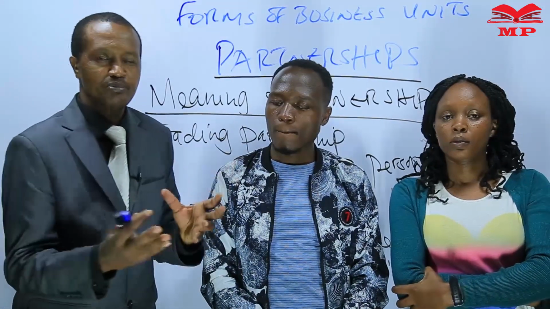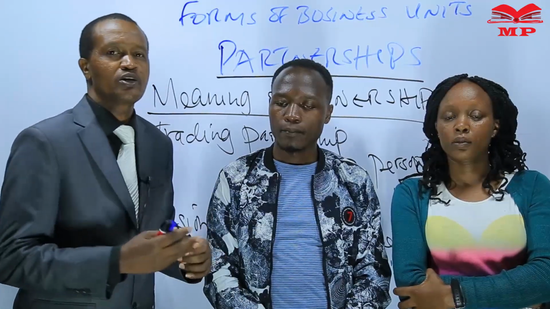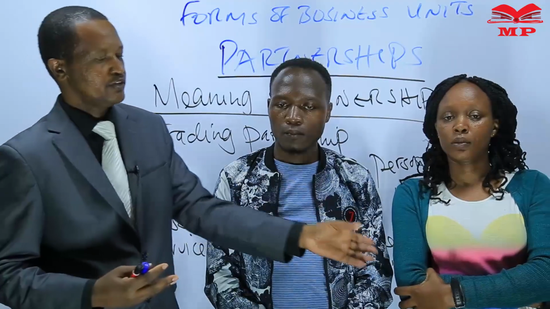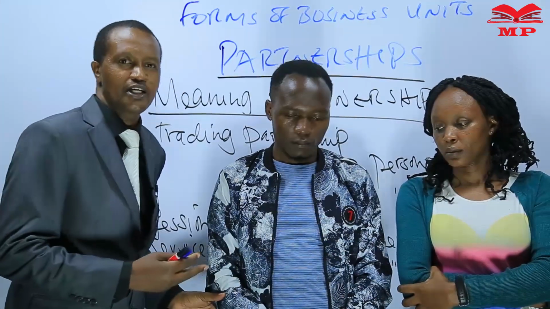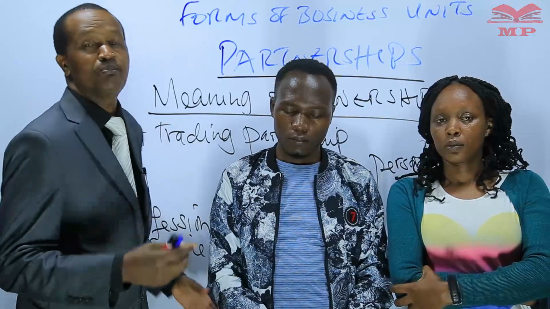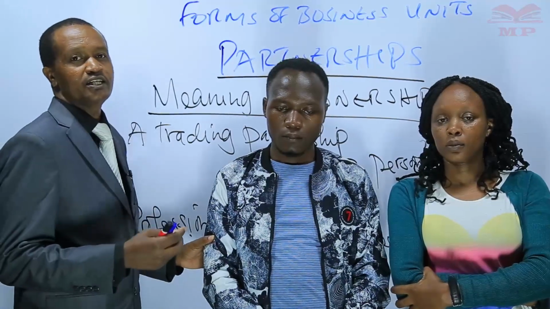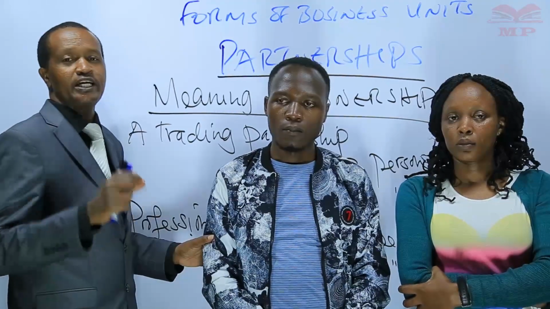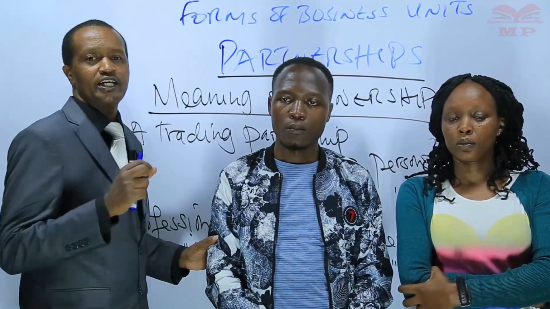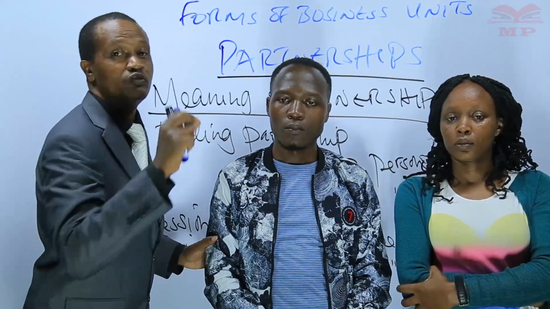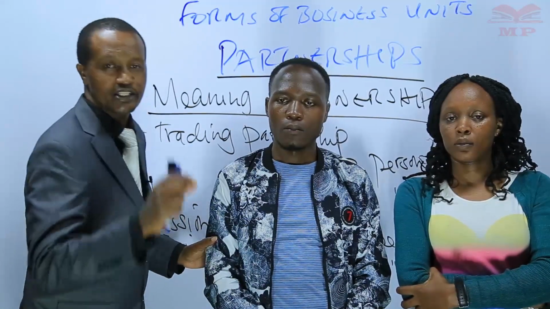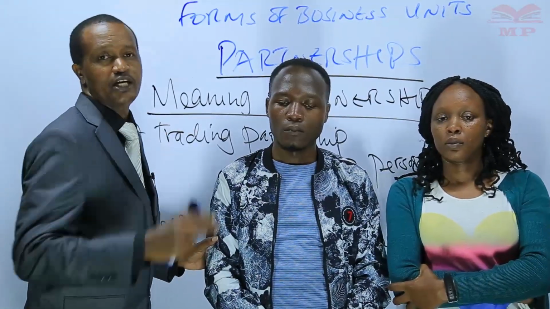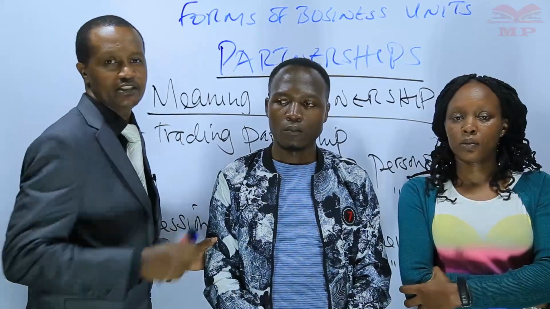It is a relationship between two or more persons who do business for the sake of making profit. So if RT and Pato are in a partnership business of importing electronics, then such a partnership is called a trading partnership, because they engage in the buying and selling of goods. And for such a partnership, the minimum number of persons required is 2 and a maximum of 20.